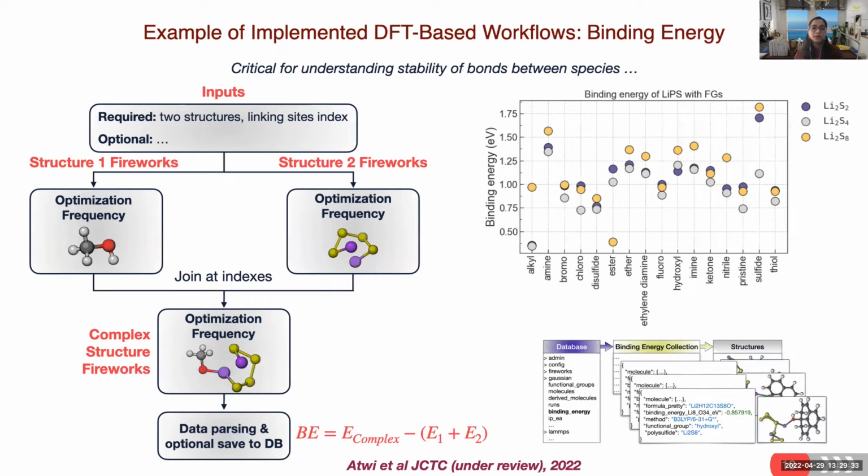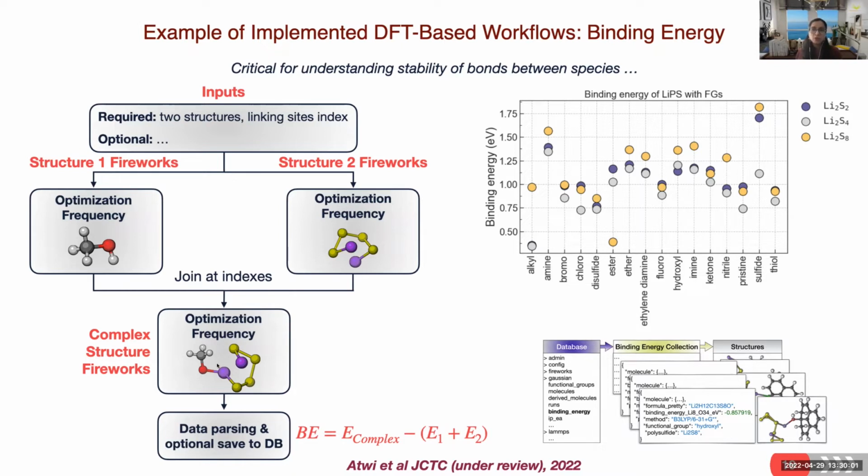Okay, the second Gaussian-based workflow I want to talk about is for the calculation of binding energy, which is critical for understanding the stability of the bond between any two species. This workflow takes two structures as input. It performs geometry optimization and frequency calculation, and then it joins the two optimized structures based on the binding site provided by the user.